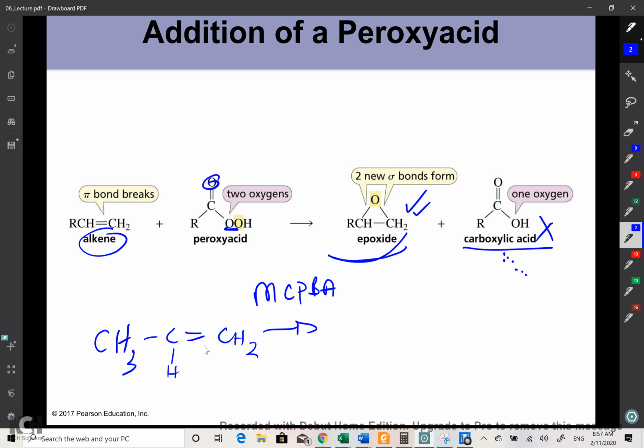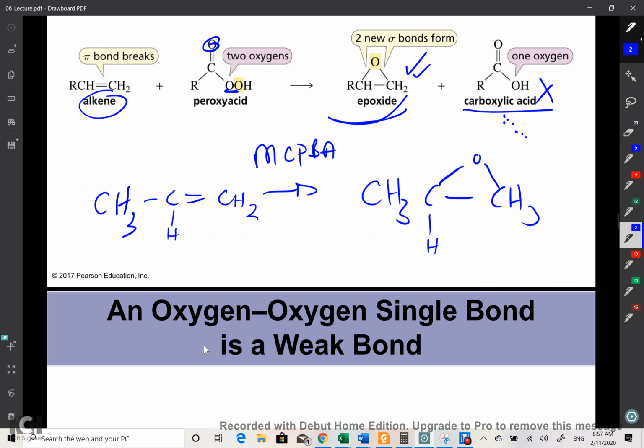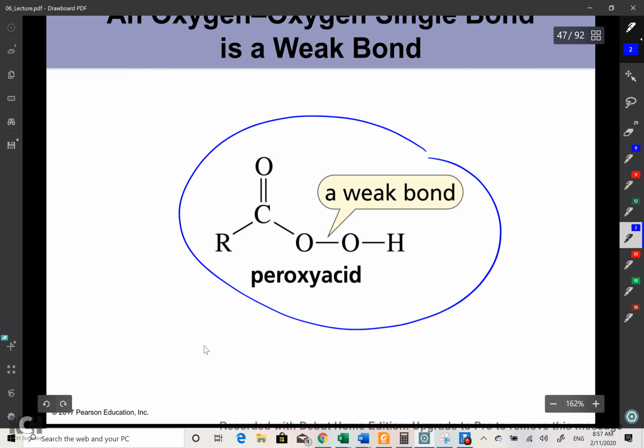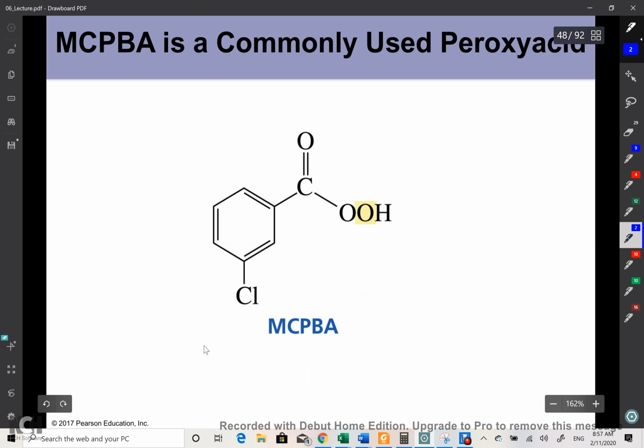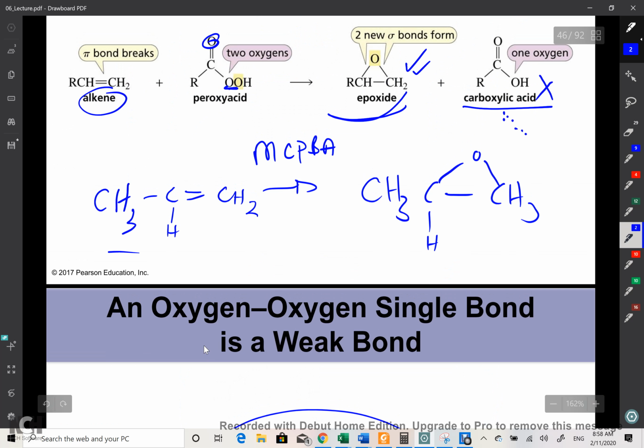If you react that with MCPBA, which is a peroxy acid, your final product would simply be this. That's an epoxide. That's the structure of a peroxy acid, and one of the peroxy acids that you guys should familiarize yourself with is MCPBA. That's what is mostly used in the lab. So MCPBA is an example of a peroxy acid. If you react this with MCPBA, that will be the product.